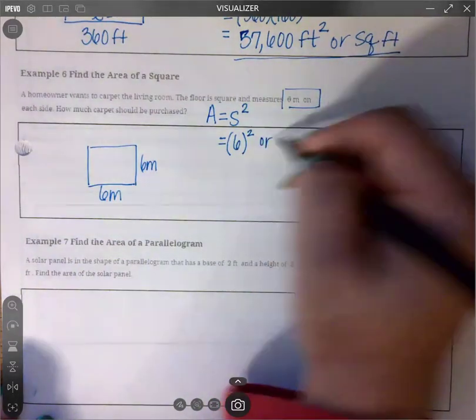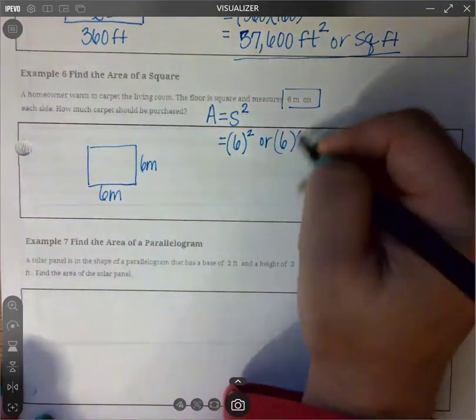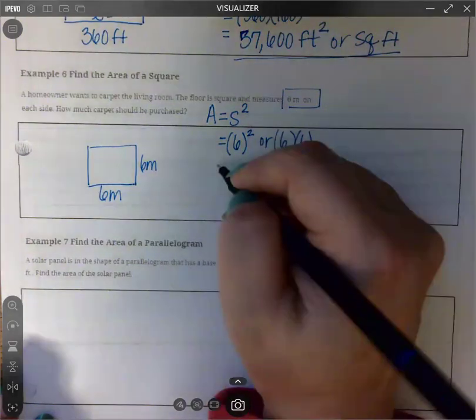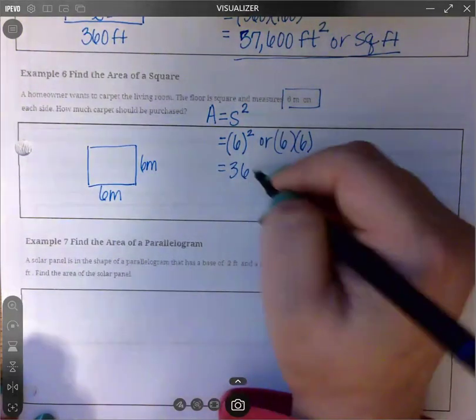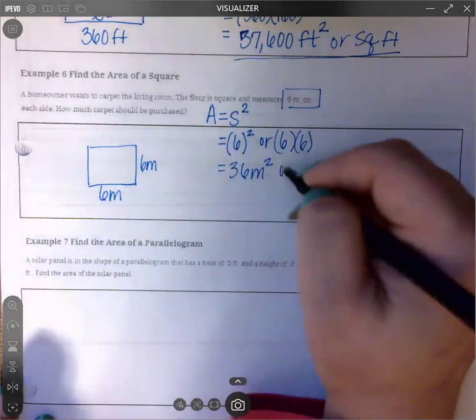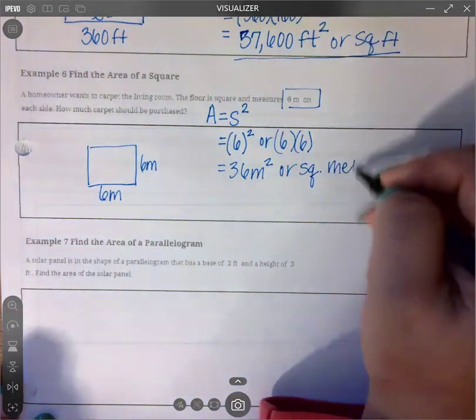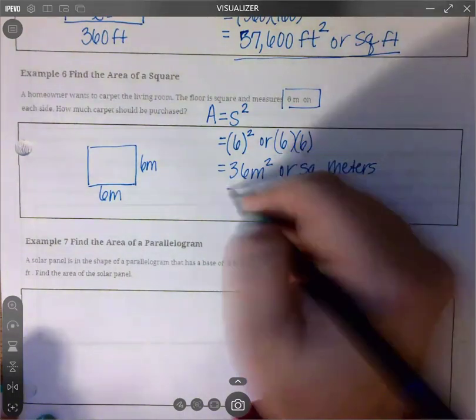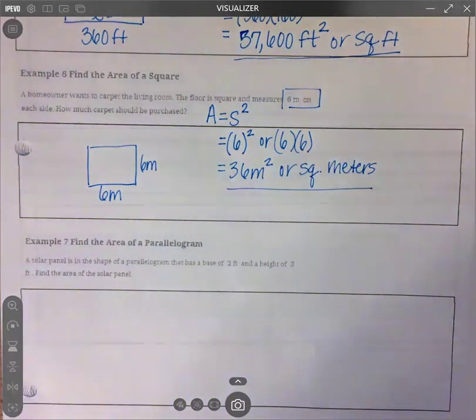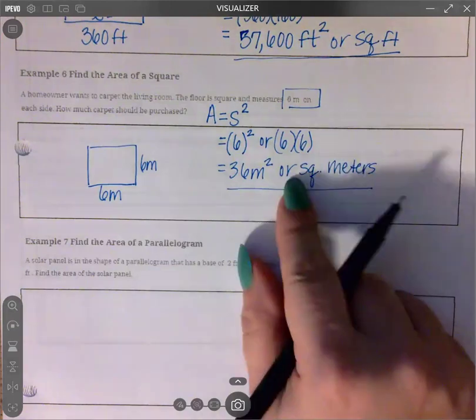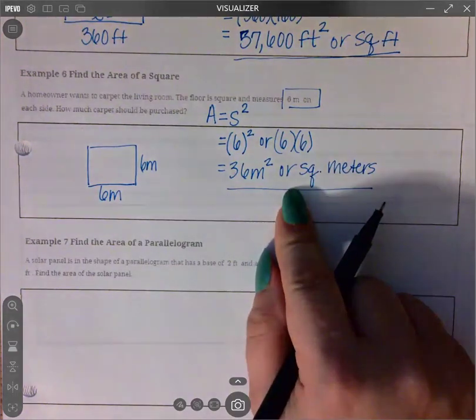Or again, remember that that means 6 times 6, or 36 meters squared, or again, square meters. You're going to see both in different scenarios. You need to know both ways to write your labels.